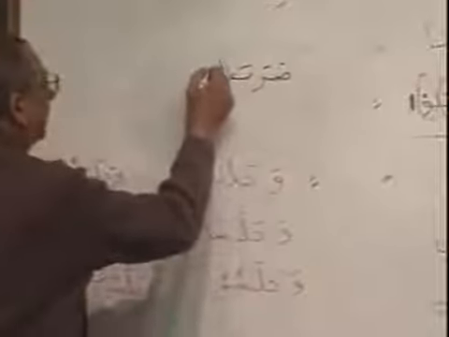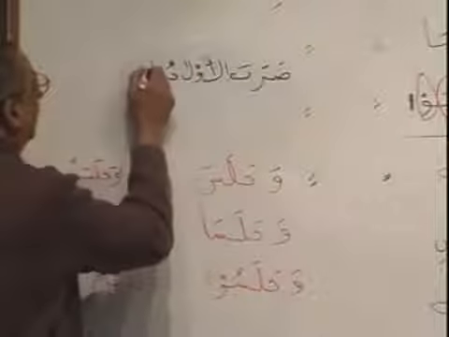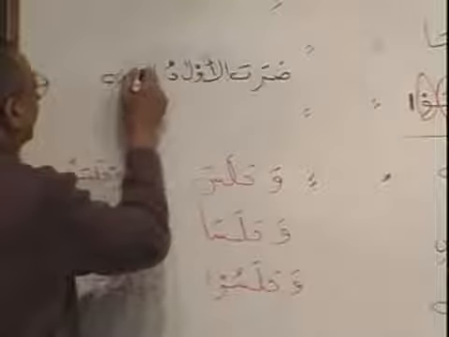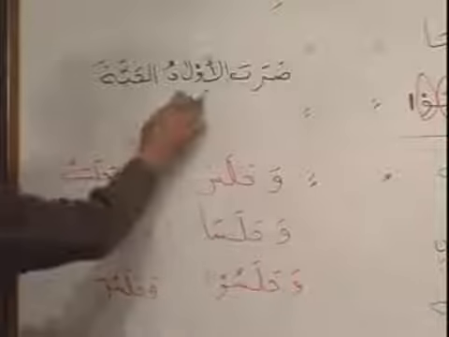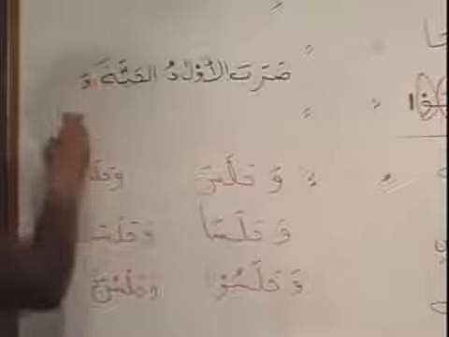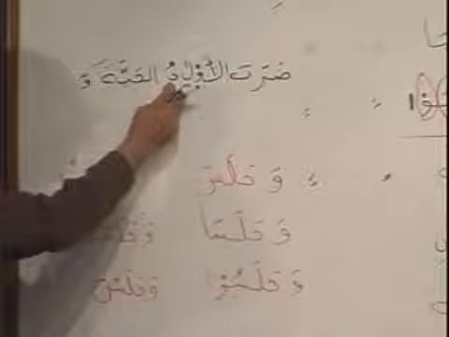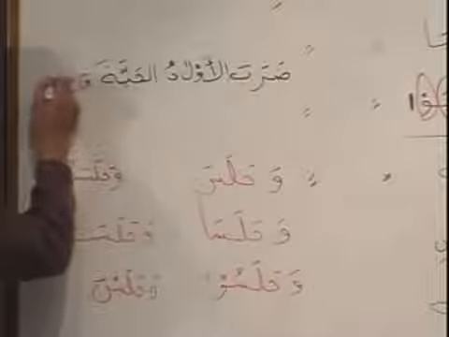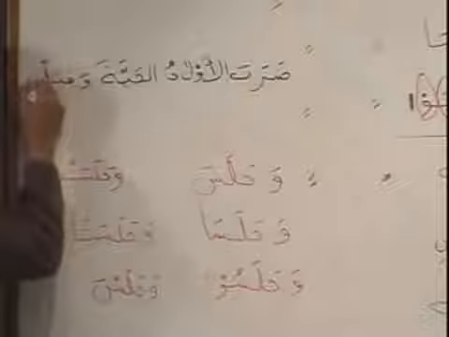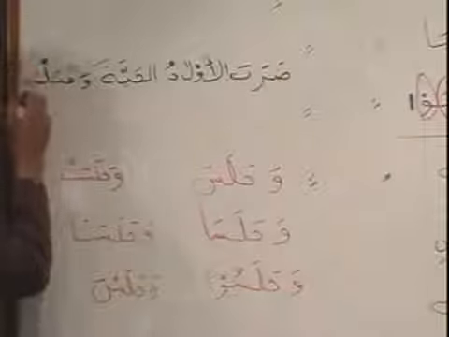Darabal awladu al-hayyata. Wa. Now I have to use a verb which matches awladu. Katalu. And then I'll put ha.